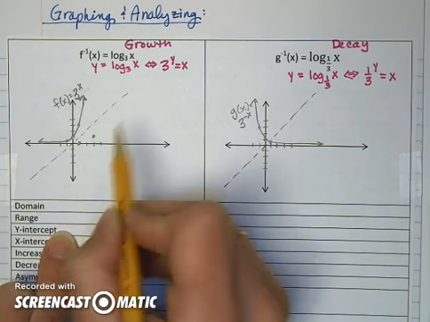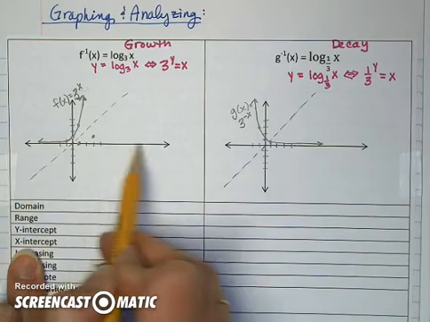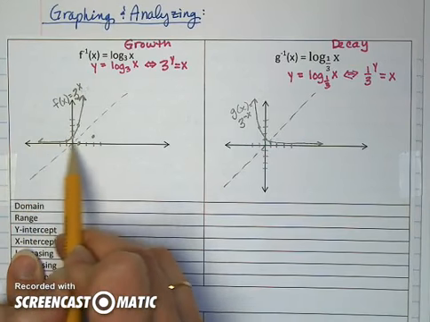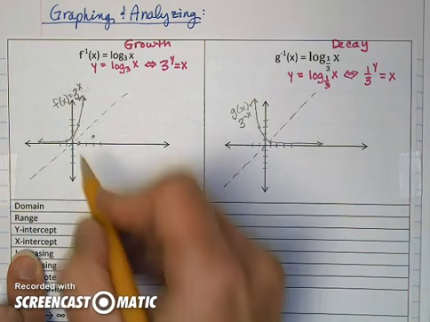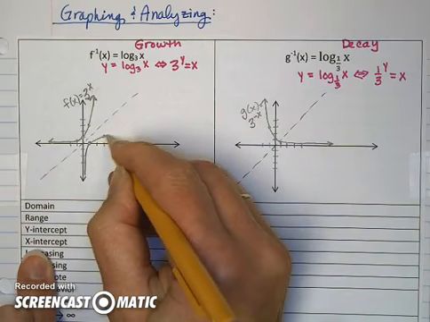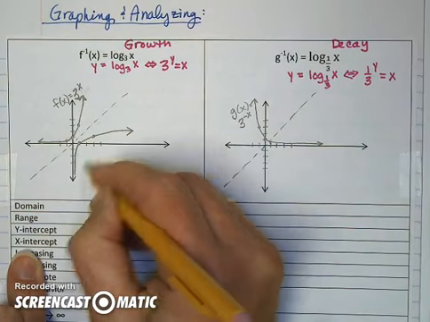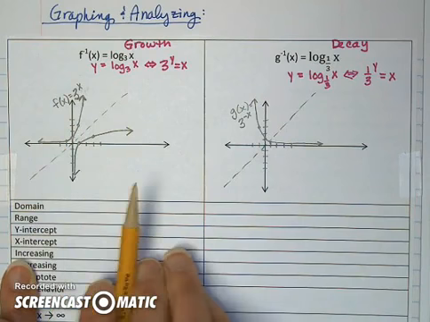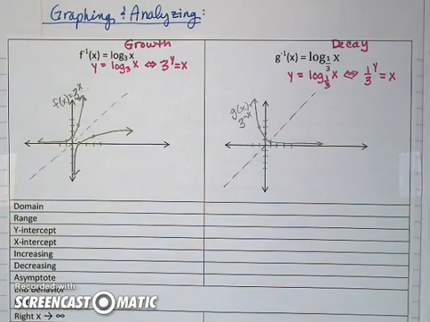If you'll notice, the exponential had an asymptote of y equals 0, the x-axis. The inverse has the asymptote of x equals 0. Now I'm going to highlight that so that it stands out a little differently.